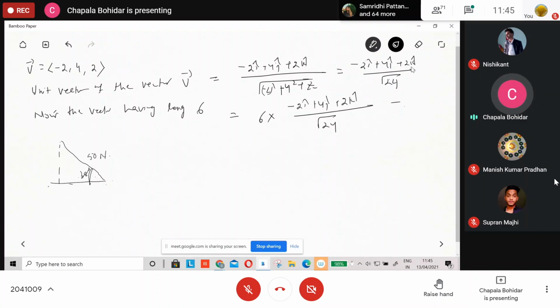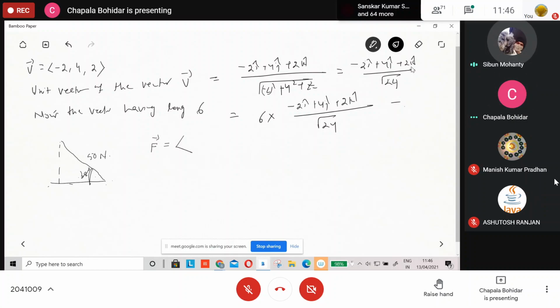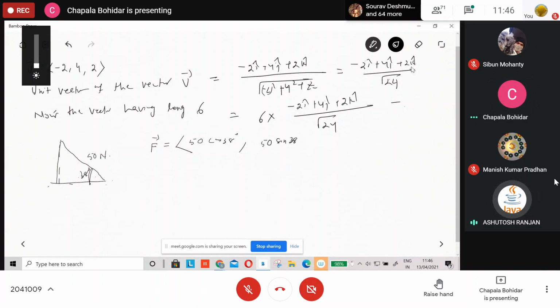What is the horizontal component? 50 cos 38. Yes, you are saying directly 50 cos 38 degrees. And the vertical component? 50 sin 38.